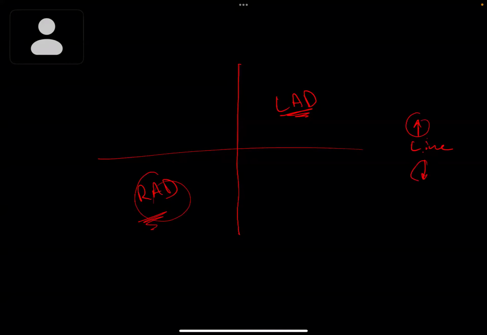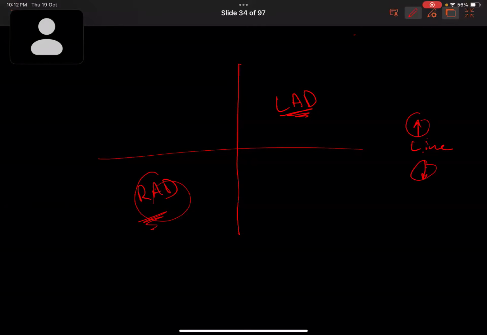Why am I saying above and below the line? When you look at the cardiac axis, you look at two parts: lead 1 and AVF. If lead 1 has an R wave facing upward and AVF has an R wave facing downwards, you focus on lead 1.